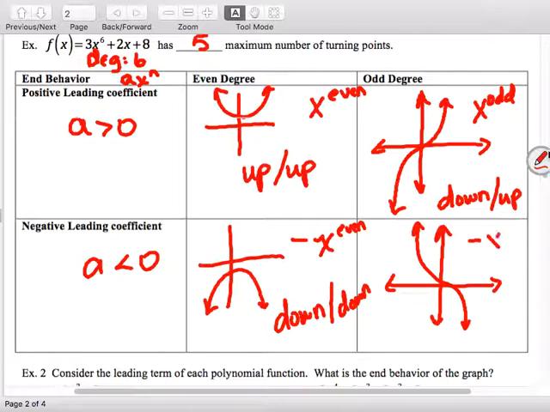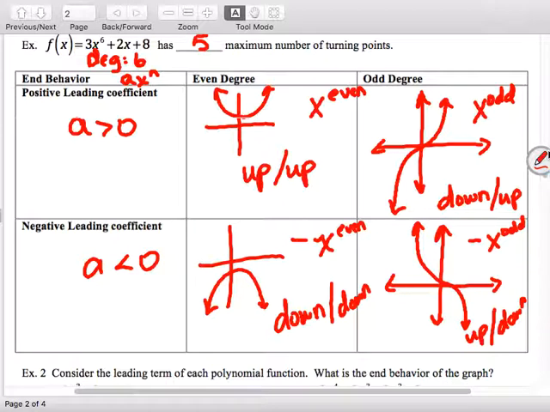So if I have negative x odd, the general graph, now I can have wiggles in the middle, and I can have hills and valleys in there, but in general, this is x odd, and a negative out front flips it. So my end behavior, we always read from left to right, like you read a book. We read a graph from left to right. So this is up, down. So it's where is the graph going when I go very, very far to the left and very, very far to the right? Where do those arrows aim?